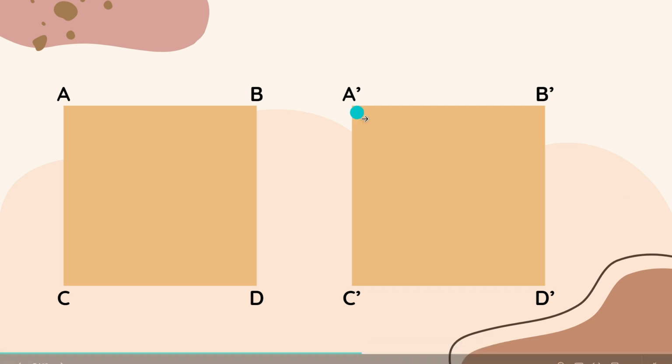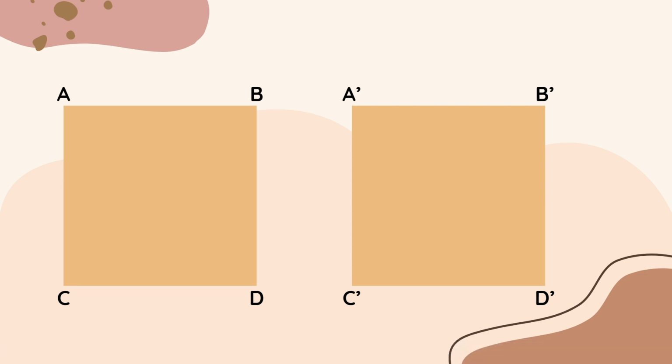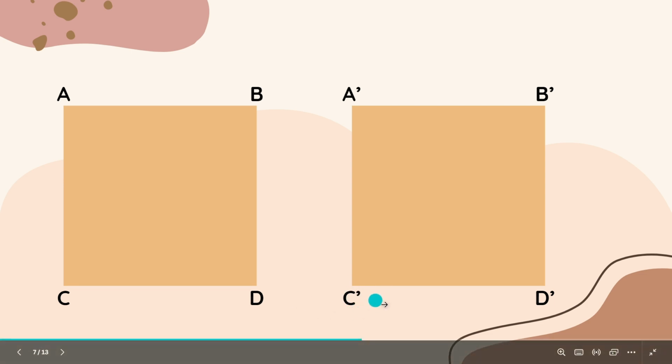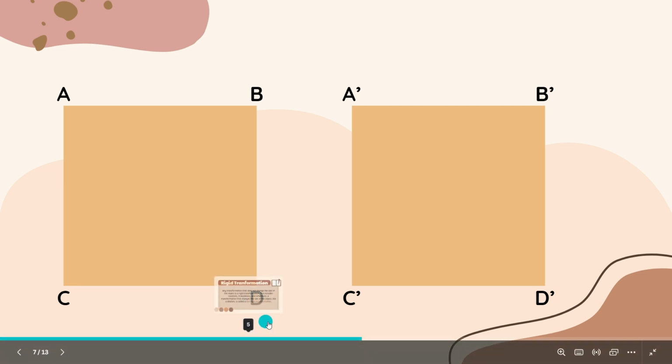So, we have A with the prime symbol. Yan yung nag-i-indicate na transformed or tapos na yung transformations sa phase natin na ito. So, meron din tayo dito sa C, sa D, and sa B. So, mamaya, papakita ko siya na nasa graph. So, ngayon, pinakita ko lang kung paano tayo nagre-rename ng transformations.